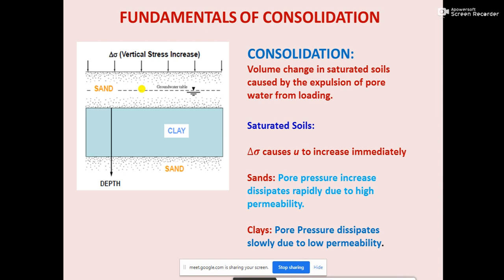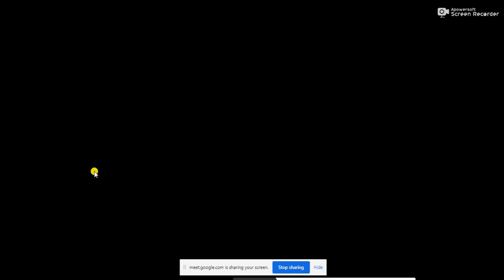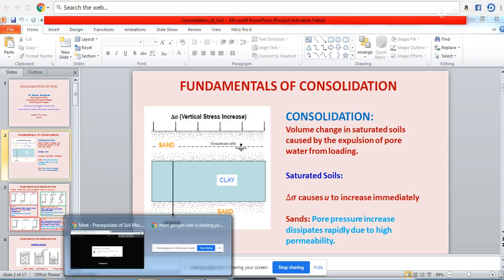So the void spaces in a fully saturated soil will be completely filled up with water, and those spaces between two soil particles will be filled with the water, which is your pore water.